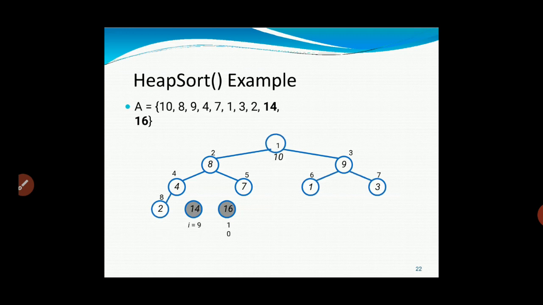If it is not, then you do max heapify, and then go on to extract the next value, and then 14 is extracted here, and next 10 is extracted here, and next 9 is extracted here.